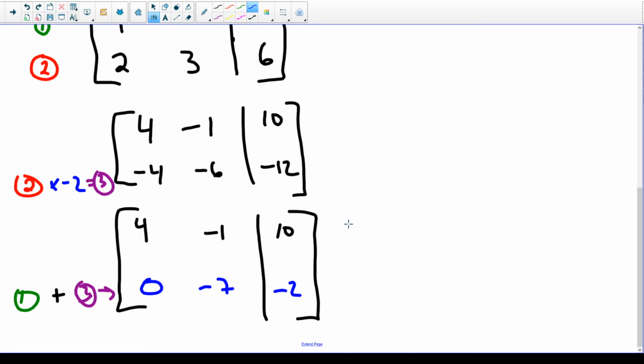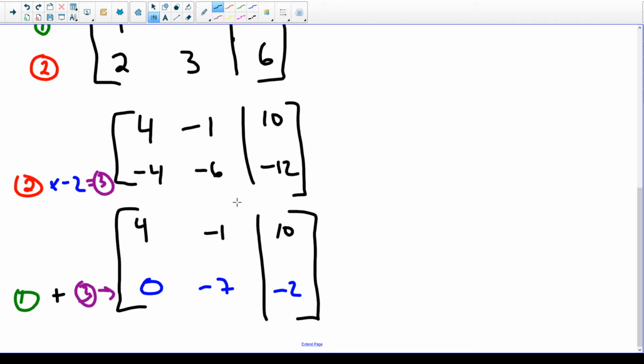But we're not done. Like I said, if you're really good, you're going to want to have a 0 in this position as well. So how do I get a 0 in that position? Well, I have to combine upwards towards this negative 1 with this bottom equation. But right now, that's not going to give me 0. If I add upwards, it doesn't give me 0.